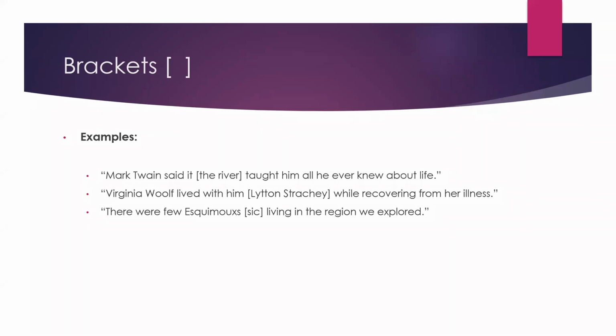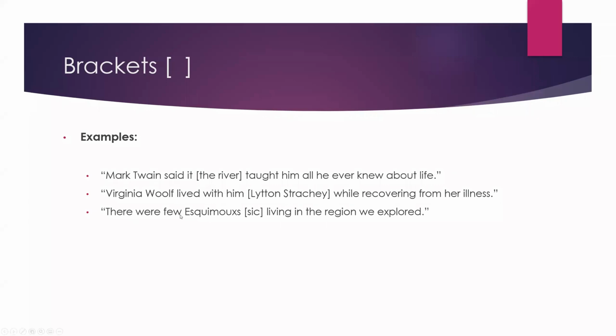The last example here, there were few Eskimos living in the region we explored. Now, this is one type of use of brackets that I told you about just a couple of slides ago. If there is a mistake made by the original author, you can add this word between brackets immediately after the mistake, and you will indicate basically that the error here is made by the author.